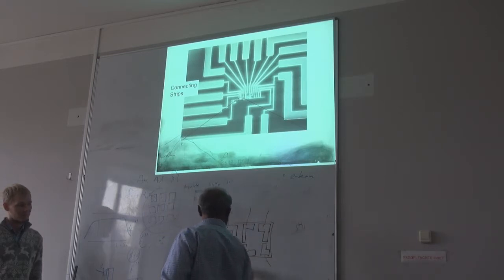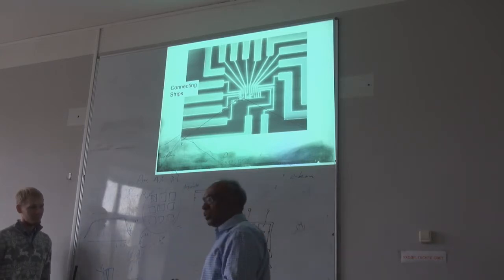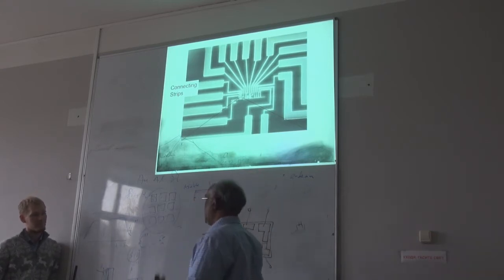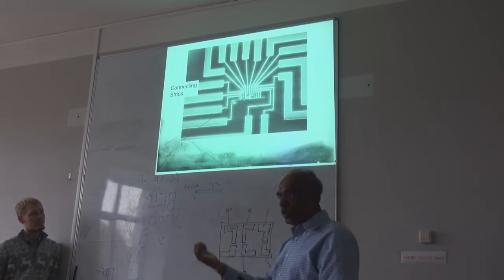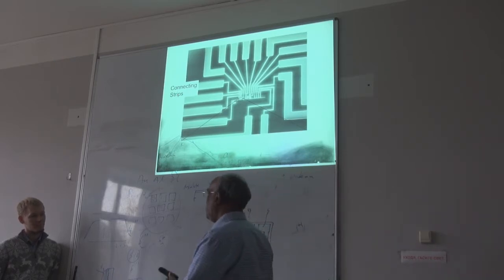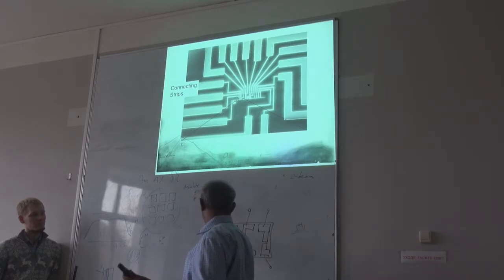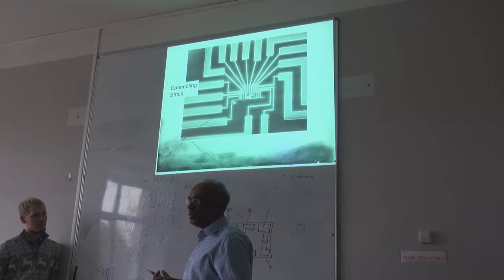But there's no connection between these two. One way is to make these gold contacts using a mask. These are big leads. If you have nanotubes in a solution, you just drop cast here, then air will break this, and then you have a device. But when you do that, it's hard to say whether you have one nanotube.